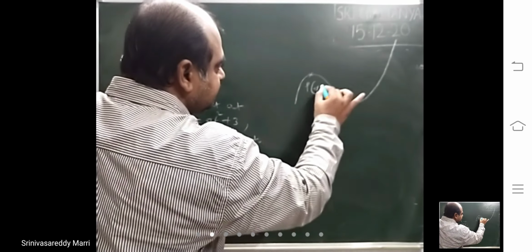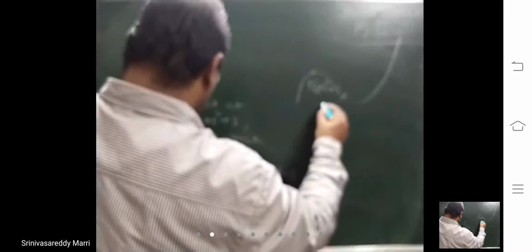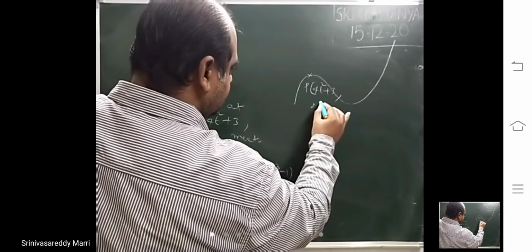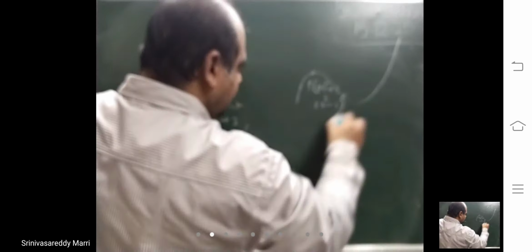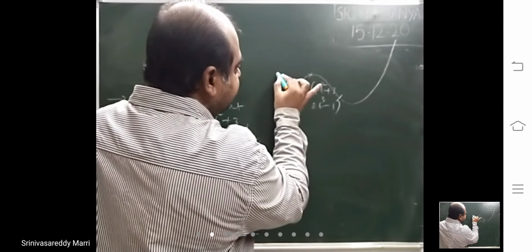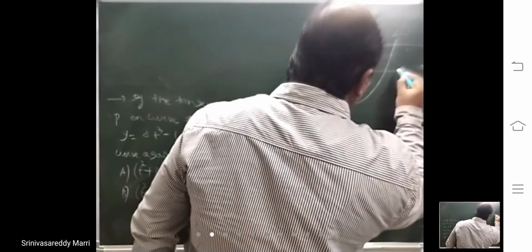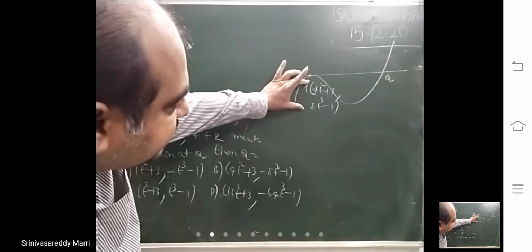That means P will be like this, comma 8t cube minus 1. What is telling? Tangent at P meets the curve again at Q.